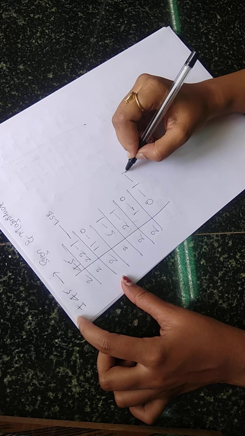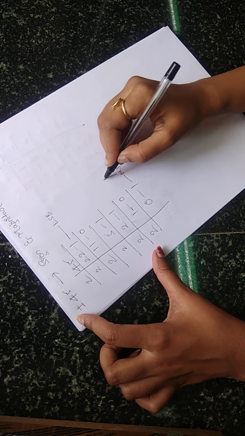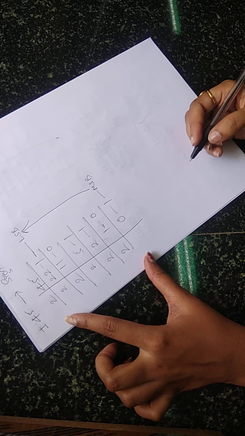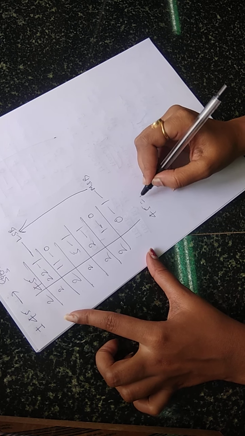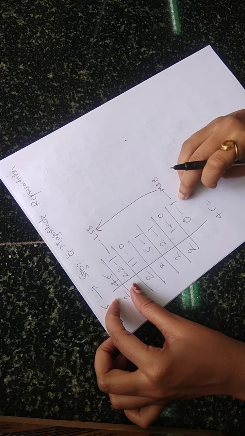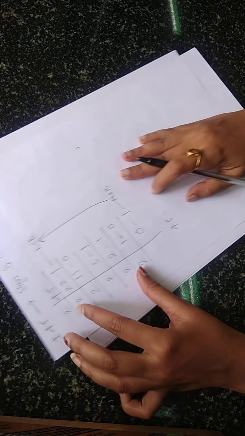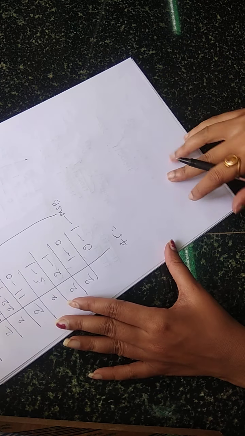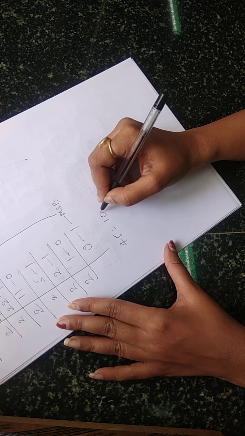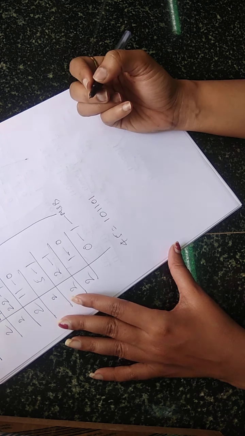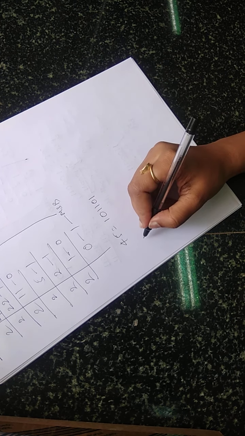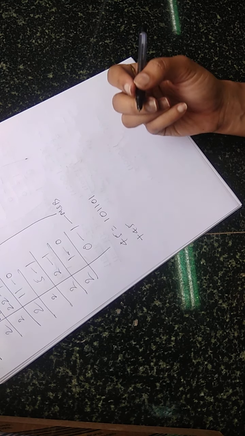The last remainder is your MSB. The answer should be written from MSB to LSB. So 45 is equal to 101101. Done. Now we have to write the value for plus 45.